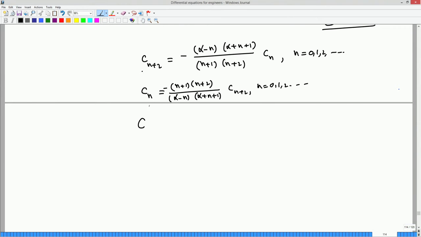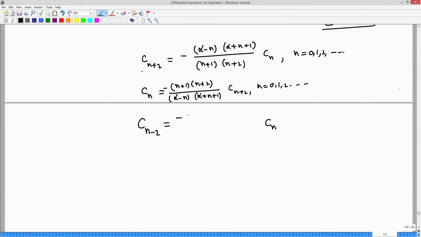So, that means this I can write n equal to n minus 2 if you put it, okay, and this will become minus n equal to n minus 2. So, if I do this, this side will be Cn, everything in terms of lesser coefficients will be in terms of Cn.